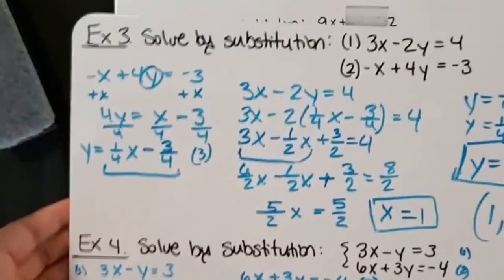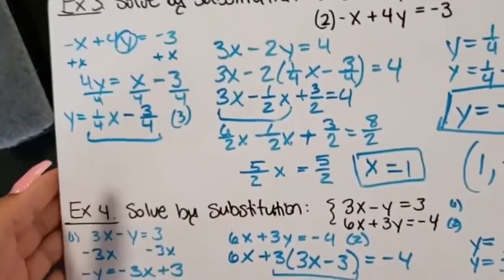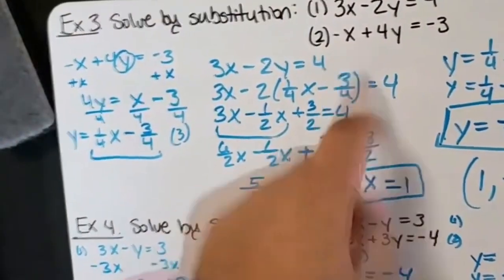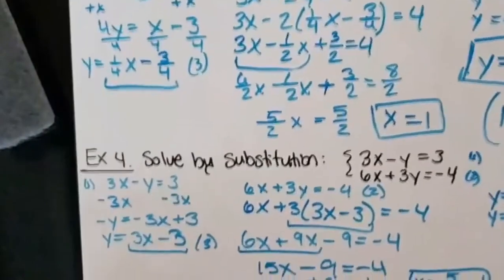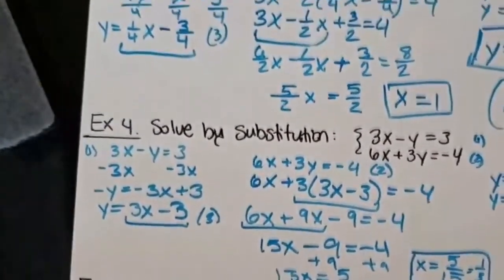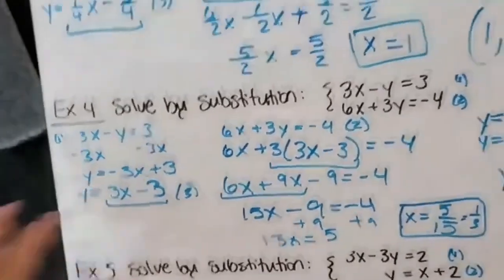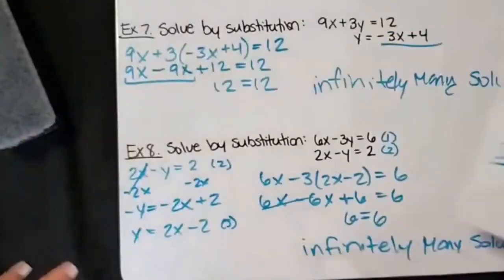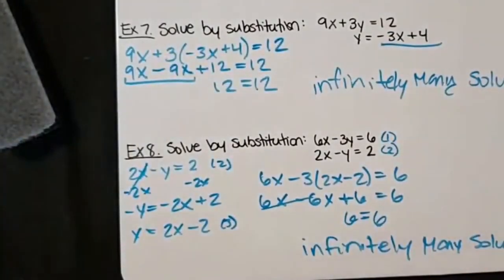If we would have isolated this x, the problem would have been a little easier. So you'll still get the right answer, but it's a little easier if you isolate a variable that don't have a coefficient, which is the number in front of it. Okay? So I hope this has helped you guys. This is objective 14.